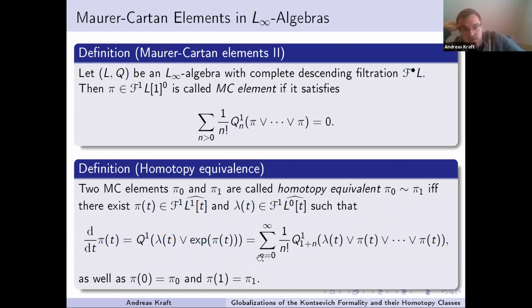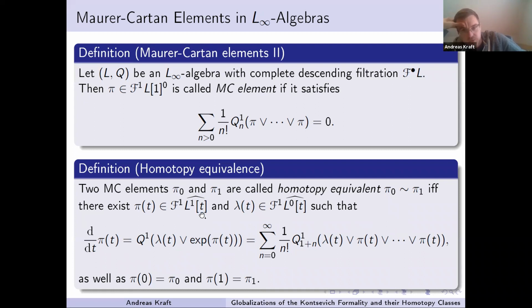So it's just the higher brackets with 1 lambda and filled with pi's. And this is basically to ensure that pi is a curve of Maurer-Cartan elements, so evaluated at each t it is a Maurer-Cartan element.